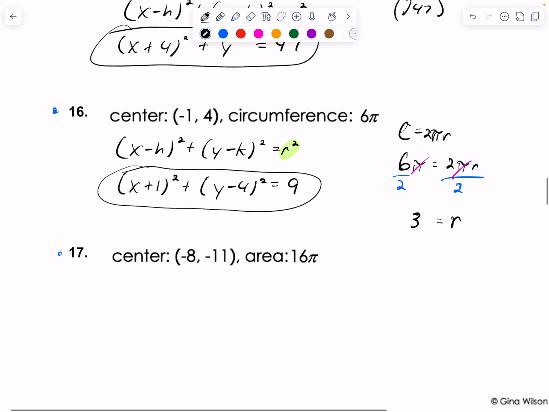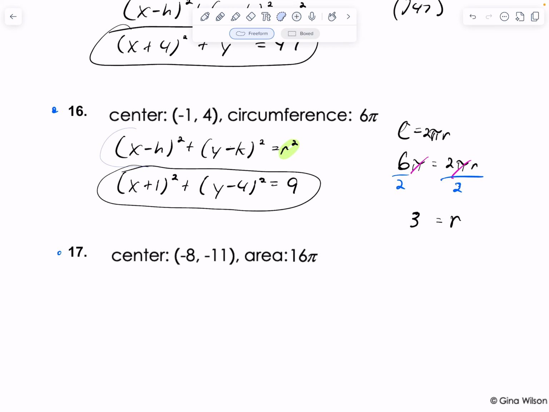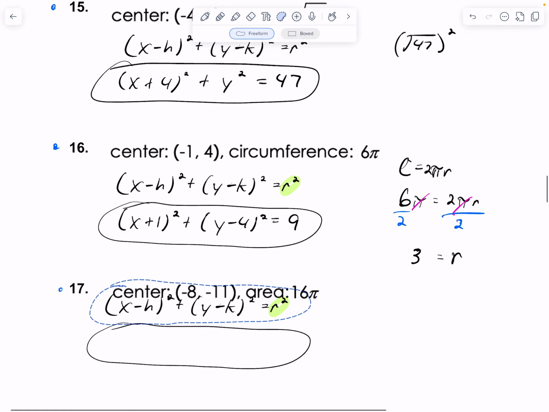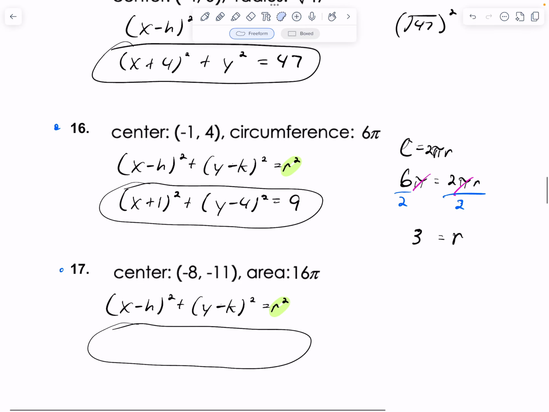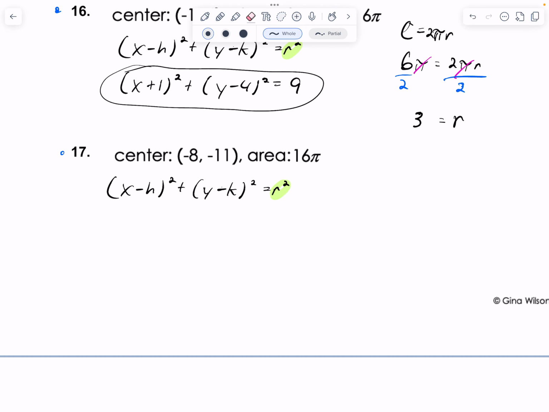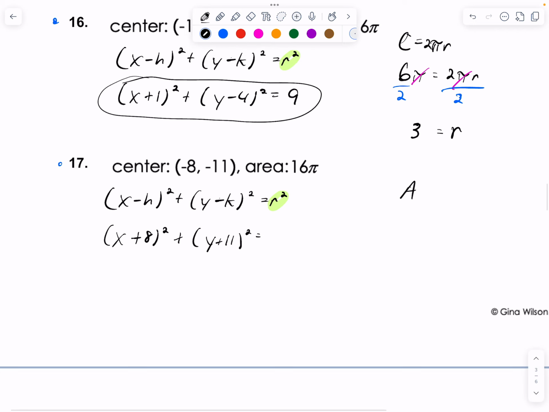All right, one more on this page. All right, so now it's telling me I have a center. I'll go ahead and put that in there. X plus 8 squared plus y plus 11 squared. We're given the area, and the area of a circle is pi times the radius squared.